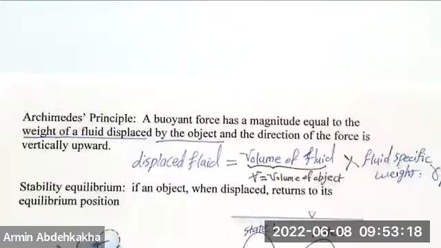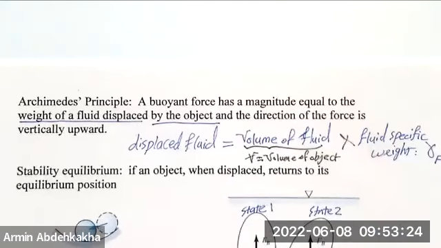It means that buoyant force has a magnitude equal to the weight of fluid displaced by the object. When you bring the object partially or fully into a fluid, the same volume of fluid moves upward, right?